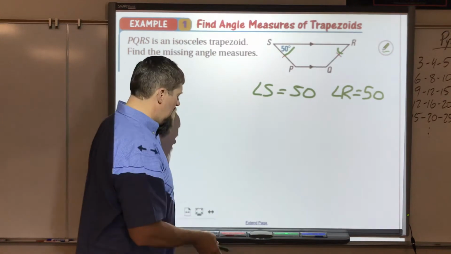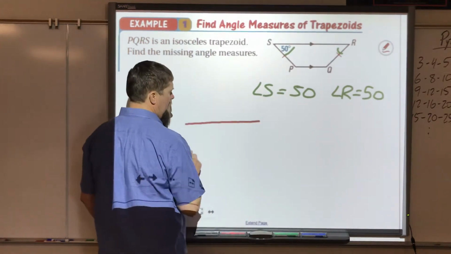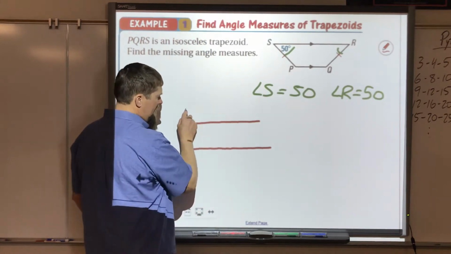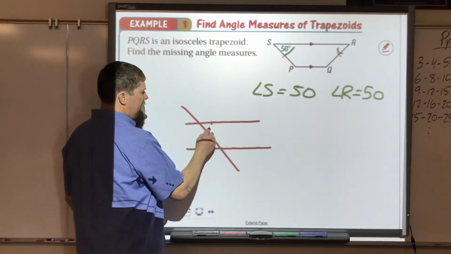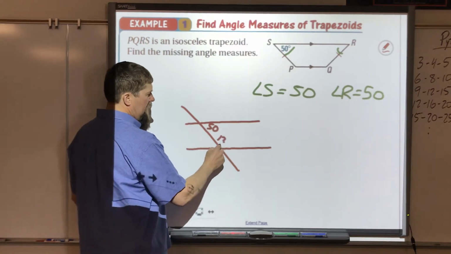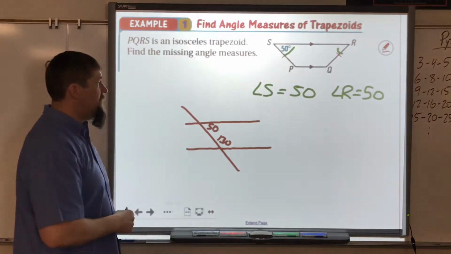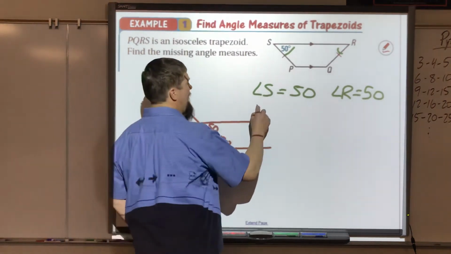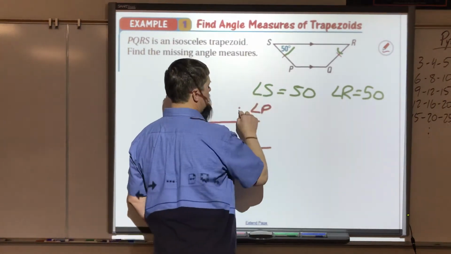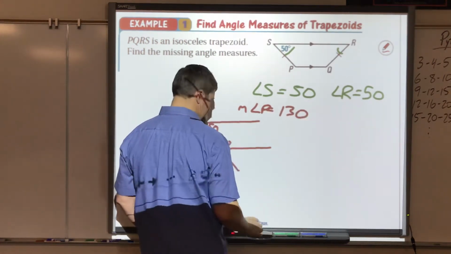Now, if you think about the fact that you have two parallel lines cut by a transversal, if this is 50 degrees, this one is 130 degrees because they are same side interior angles. So the measure of angle P is 130.